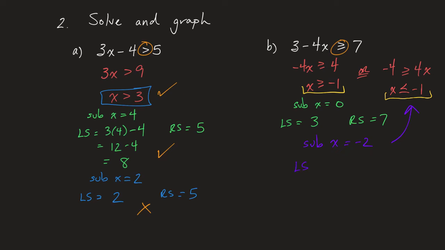Okay, so my left side, way up in my original, is 3 minus 4 times negative 2, so plus 8, that's 11. My right side is 7. Yep, my left side is greater than or equal to my right side. I know that I'm good. So that second solution starts to feel better.